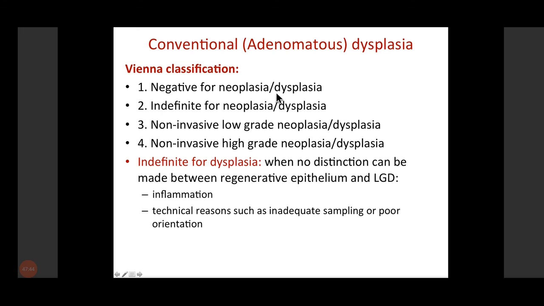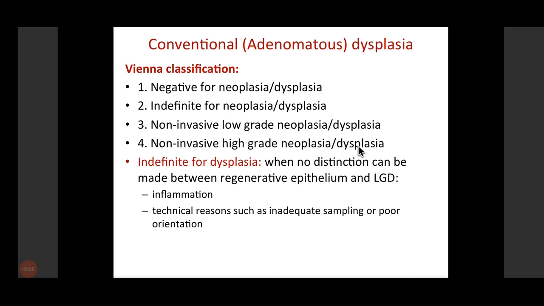Now, sometimes you are not sure whether this is dysplasia or just inflammatory atypia. So when you are sure there is no dysplasia, you say it is negative for dysplasia. When you are sure that it is inflammatory atypia, you say negative for dysplasia with some inflammatory atypia. When you are sure it is dysplasia, you say that this is dysplasia, but it's not right now an invasive adenocarcinoma.